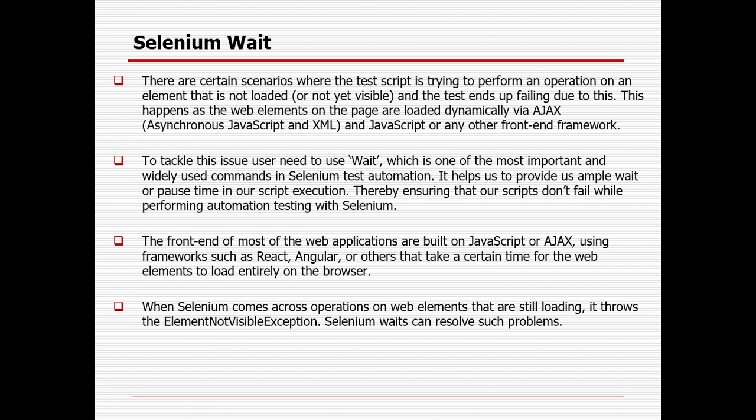To tackle this issue, the user needs to wait, which is one of the most important and widely used commands in Selenium test automation. It helps the user provide a sample wait or pause time in script execution, thereby ensuring that our script doesn't fail while performing automation testing with Selenium.